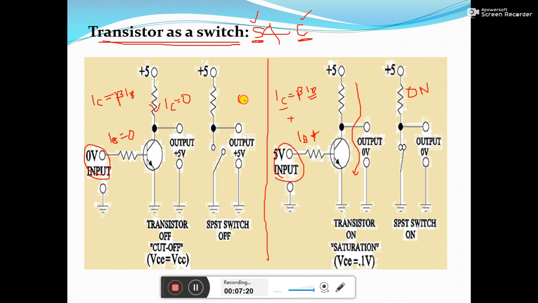Here the switch is in the off position. So here the transistor is made to act in the cutoff region, and here in the saturation region. That's why I can use the transistor as a switch. The presence and absence of the IB current makes the difference.